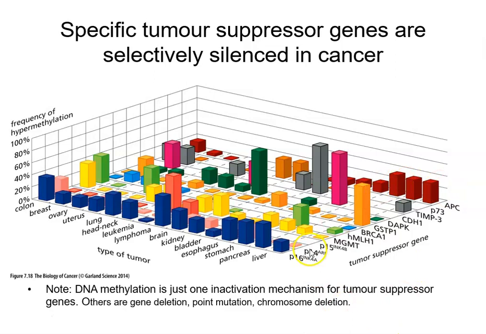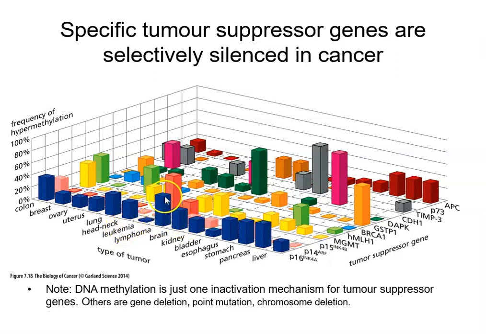So these down here are all tumour suppressor genes, and these are different tissues. And when you look at the cancers from all of these different tissues, you see specific tumour suppressor genes which are reliably silenced in specific cancers. So these bars just represent the percent of DNA hypermethylation and hence gene silencing in those particular cancers.